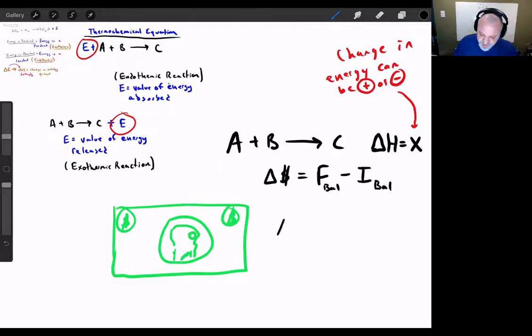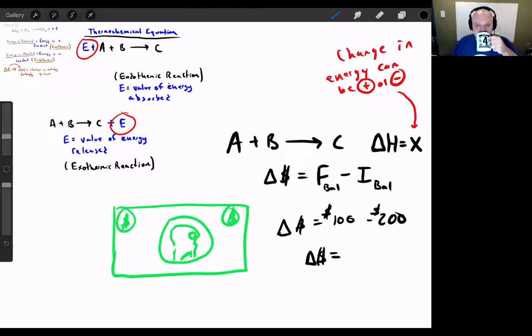Let's say that I had $200. That was my initial balance. And let's say I took out money until there was $100 left. So what's the change in my bank account? Type it in chat right now.